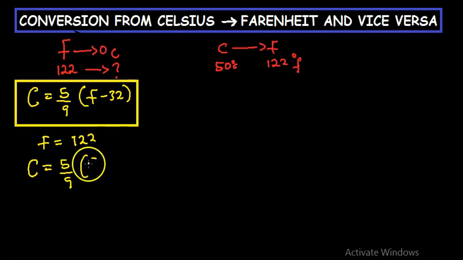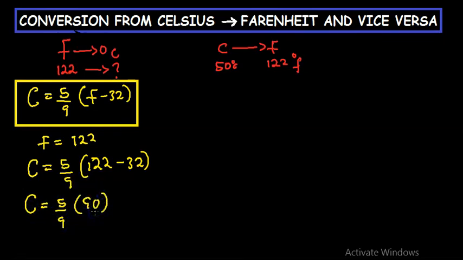Therefore, we're going to be left with C, which is 5 divided by 9 into the bracket of 90. At this point, 5 divided by 9 is simply going to be 0.55. 0.55 multiplied by 90 is simply going to be 50.